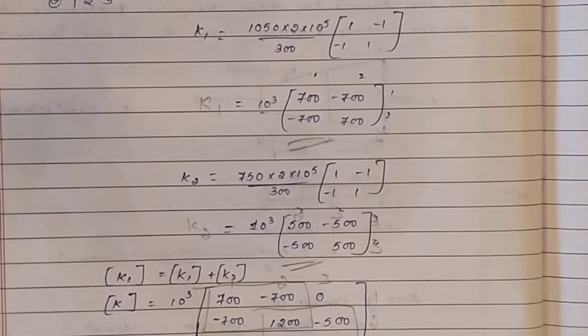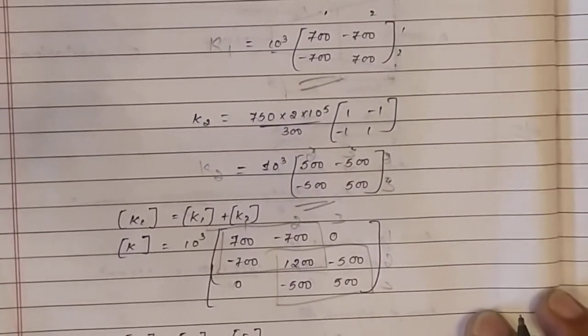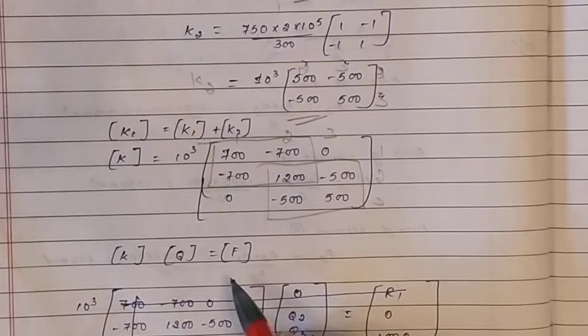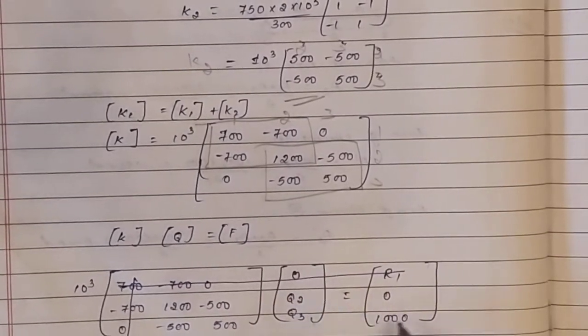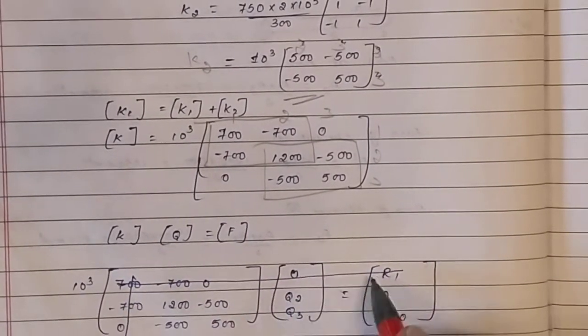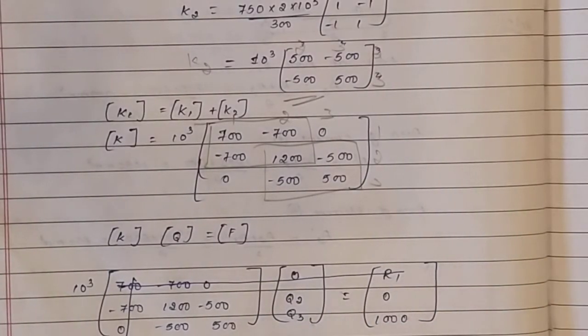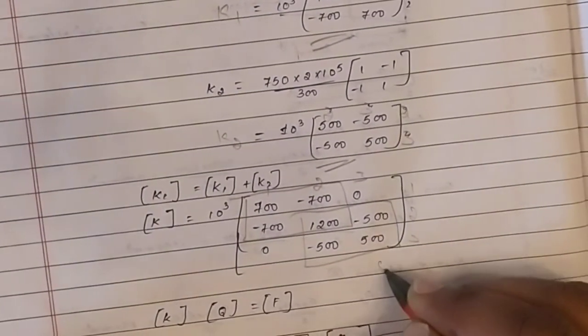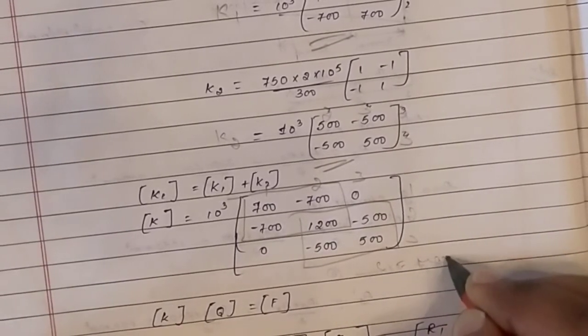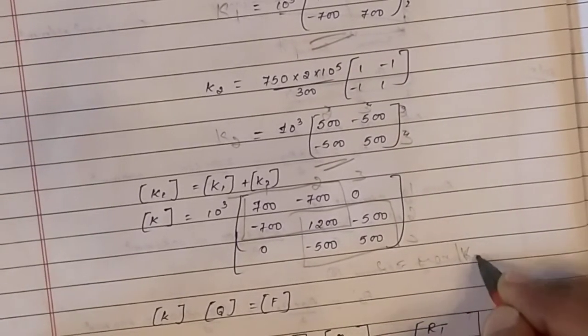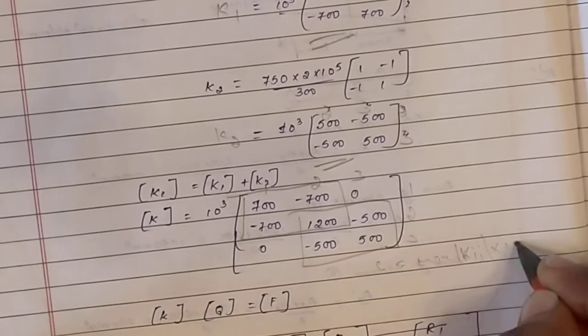So till here the steps are the same. Next is KQ is equal to F. You can solve this using the elimination method, or you can use the penalty method, where C is equal to the maximum of Kij into 10 power 4.